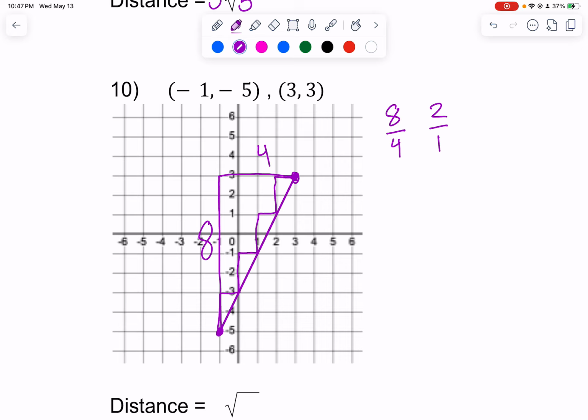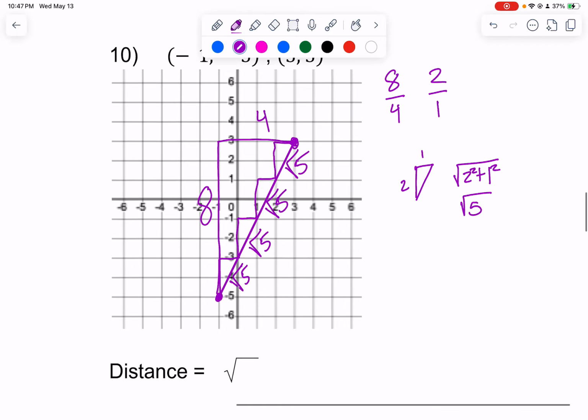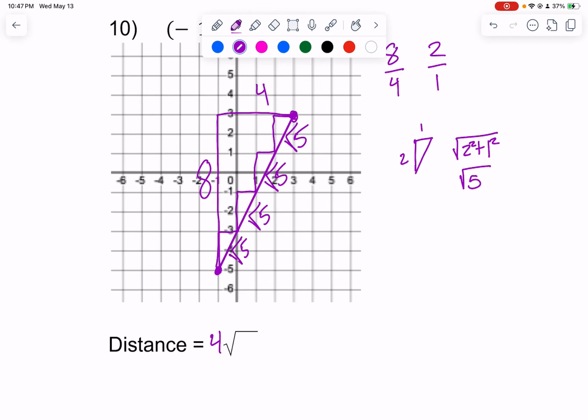And it looks like we do it 4 times. Well, let's figure out what this diagonal length of a 2 vertical and 1 horizontal would have been. So that's a square root of 2 squared plus 1 squared, or square root of 4 plus 1 is 5. So I have square root of 5, 4 times. So we have 4 times the square root of 5.